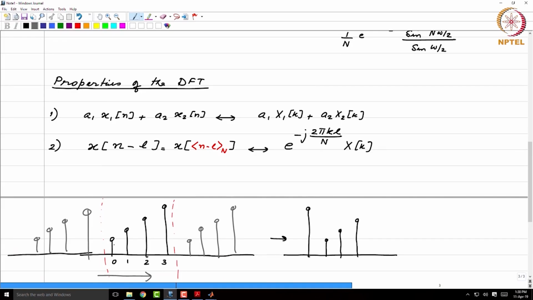This sample will come here. So, which is what you are seeing here. And right shift by 1 in this case is the same as left shift by 3. You can shift this by 3, 1, 2, 3, this sample will come here, alright.